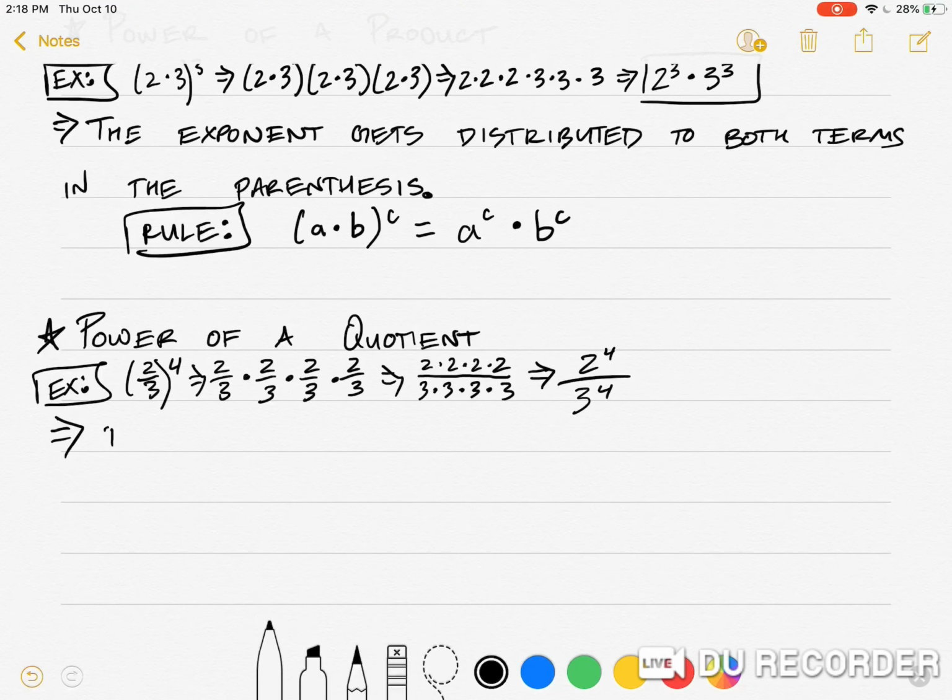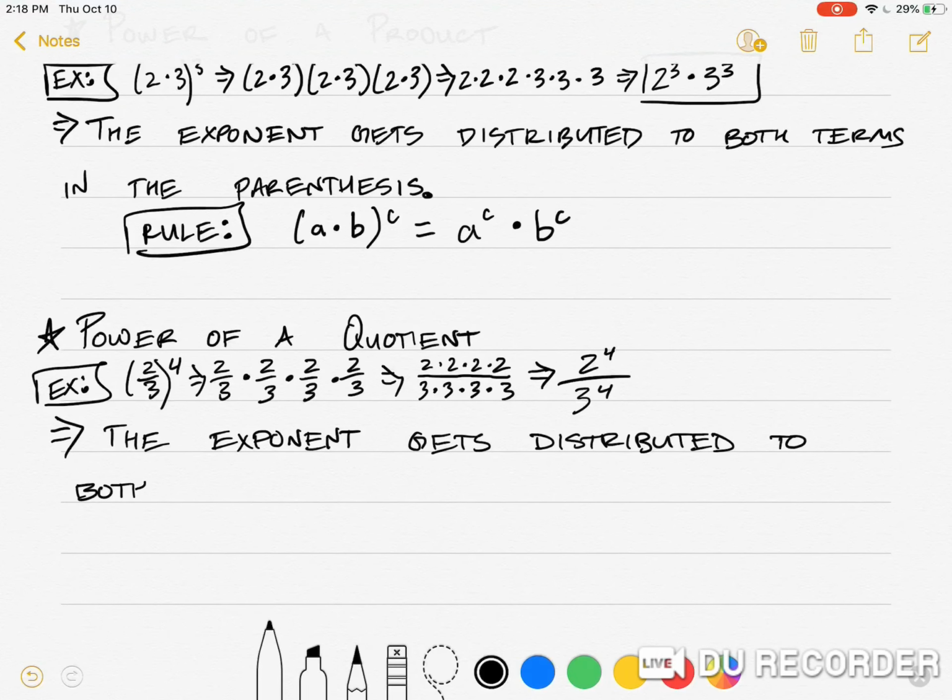So, again, the exponent gets distributed to both terms in the parentheses.